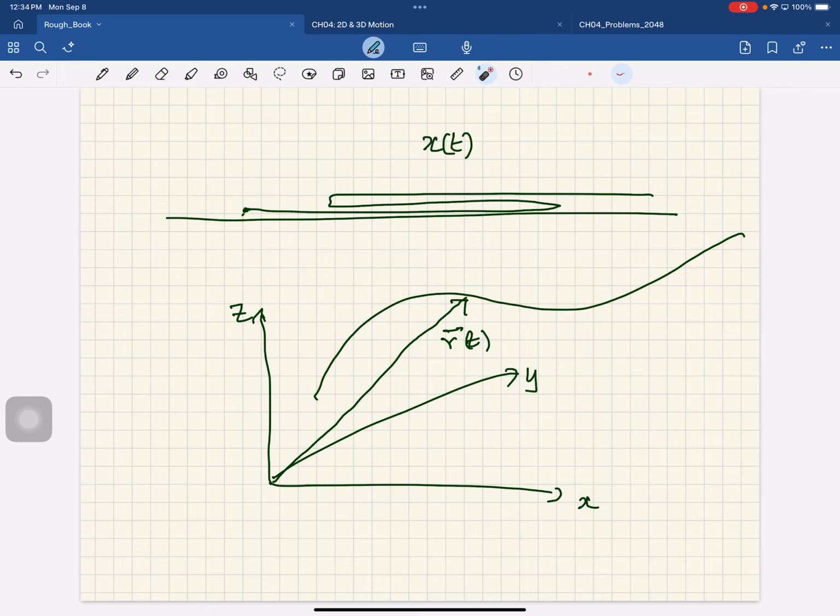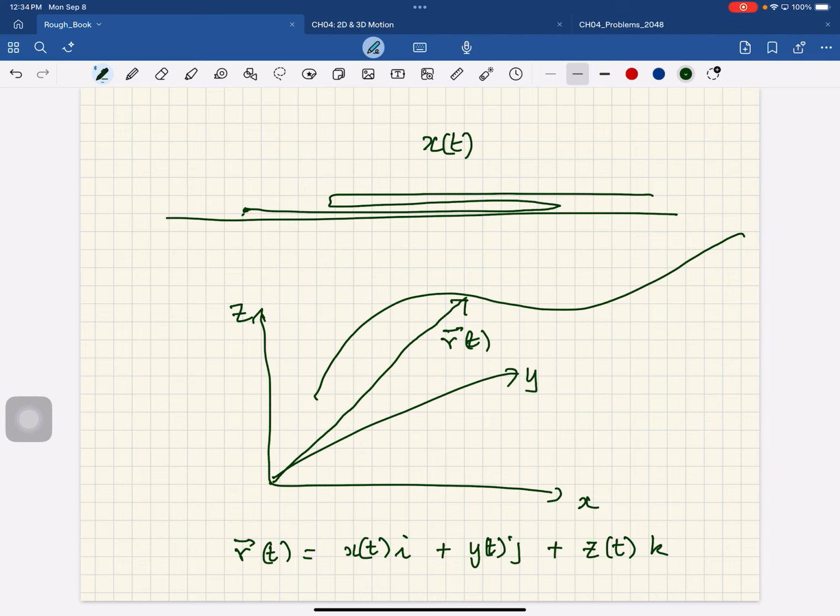The best way to describe this motion, the way that's most useful to us, is r(t) = x(t) i plus y(t) j plus z(t) k. Give me the x coordinate as a function of time, plus the y coordinate as a function of time, and the z coordinate as a function of time.